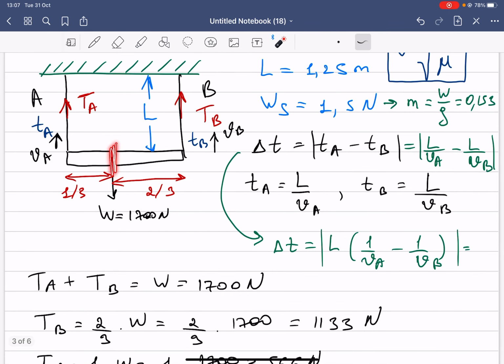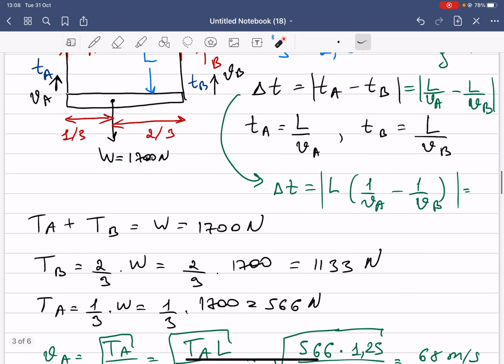If you cut from here, then you know that this weight will be supported by the TA and TB. Or we can say that TA plus TB will be equal to the weight, which is 1700 Newton.